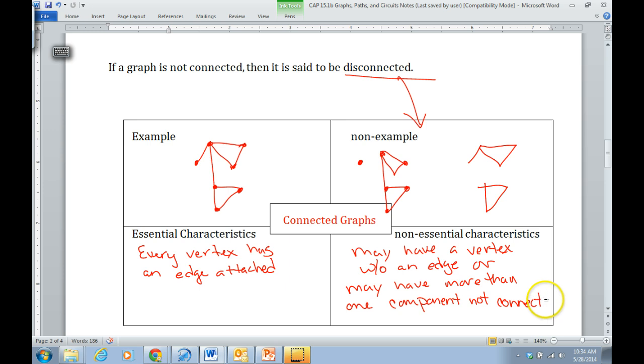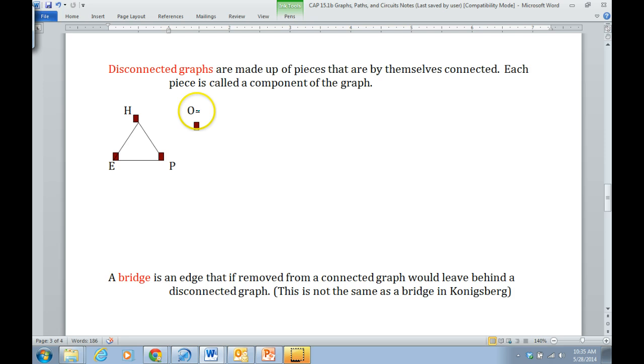And I'll talk about components in a minute here. So here's another example of a disconnected graph. Notice that O is sitting by itself. It has no edge to it. So they're made up of pieces that are by themselves connected. Each piece is called a component. So when these three are connected to each other, it's a component of the graph, right? Okay.